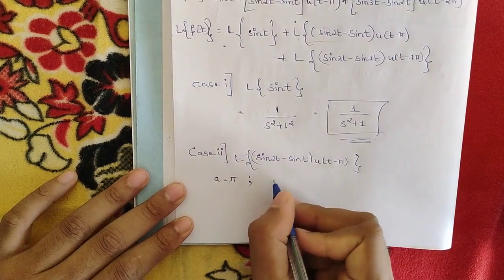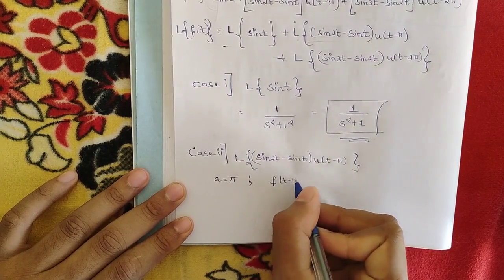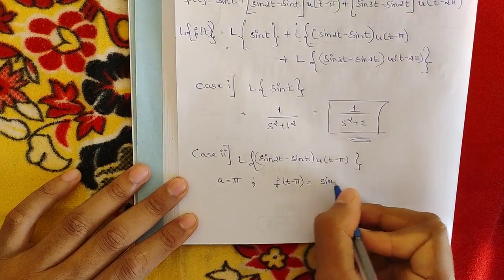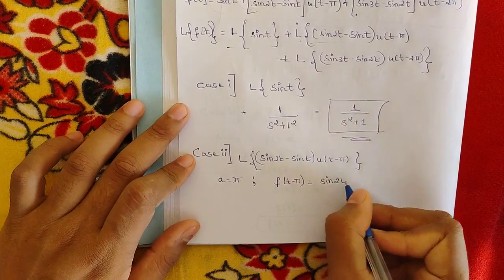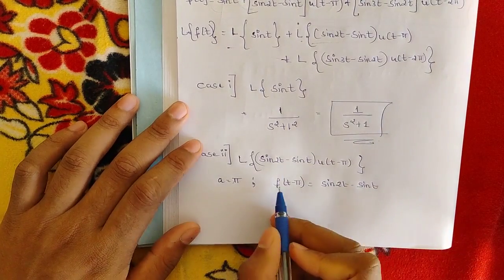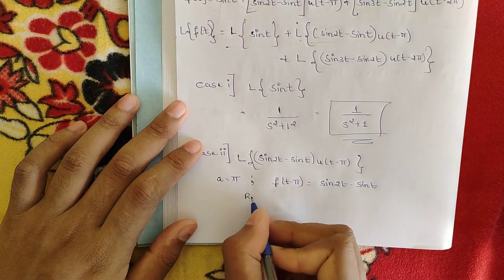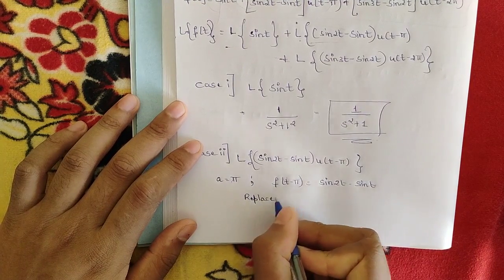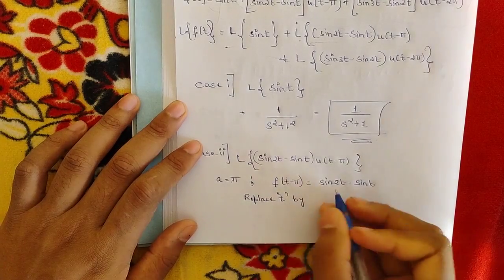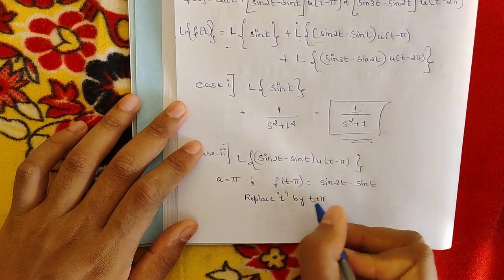So f of t minus a, or f of t minus pi, is equal to sin 2t minus sin t, right? So in order to get the value of f of t, replace t by, in order to cancel this minus pi, you should be introducing plus pi, so t plus pi.